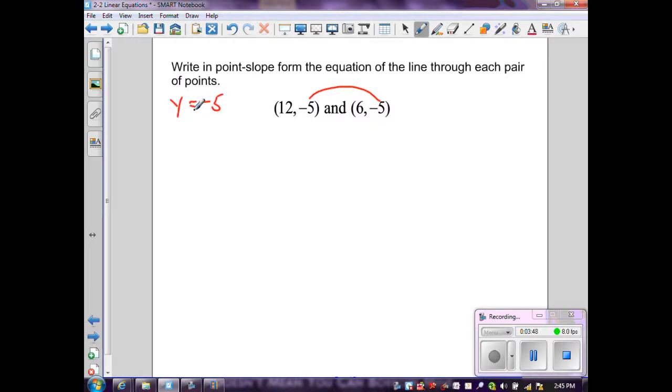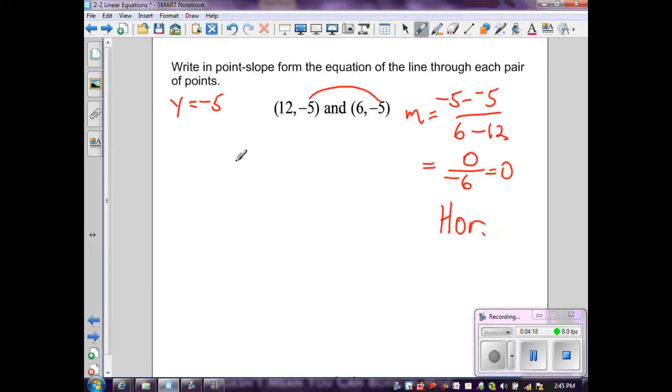I can go through the procedure as before, finding my slope: y2, negative 5, minus y1, negative 5, over x2, 6, minus x sub 1, 12, gives me 0 over a negative 6. Therefore, my slope is 0. That means I'm going to have a horizontal line.